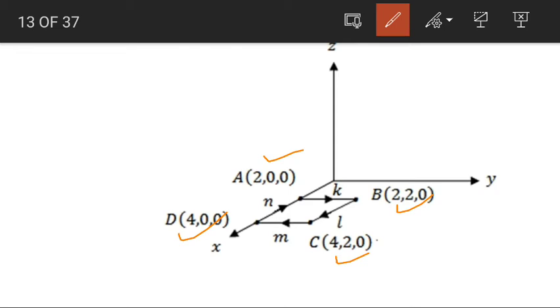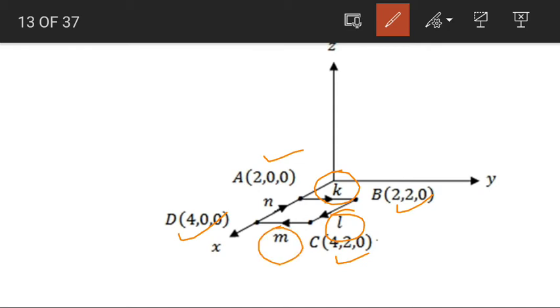So we will consider path K, and we will calculate the integral of H dot dl along this straight segment. Then we will consider the straight segment L, and we will calculate the integral of the magnetic field intensity along this straight segment.